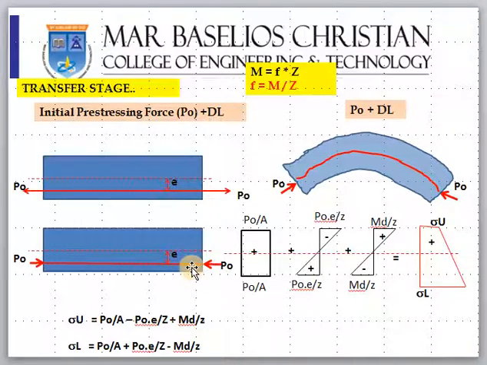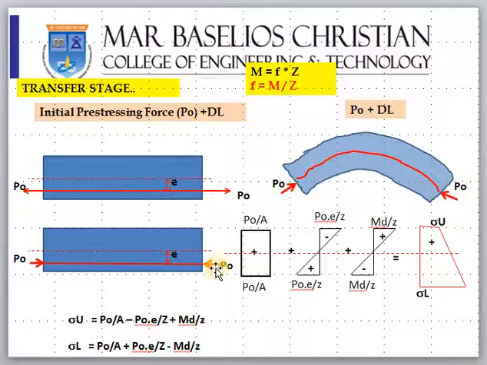Think like that, we are applying P0 at the bottom, because once the steel is cut, this force will push from both sides. So it will try to bend like this. Think of a sponge piece you are taking and pushing from the bottom. What happens? It will bend like this. Correct? Okay. If anything is bending, there should be a bending moment.